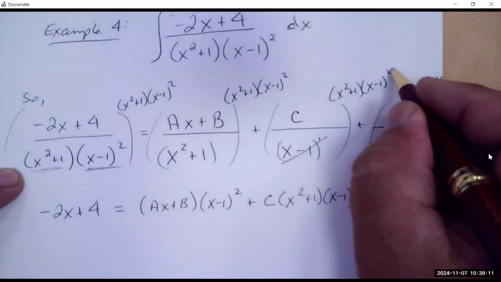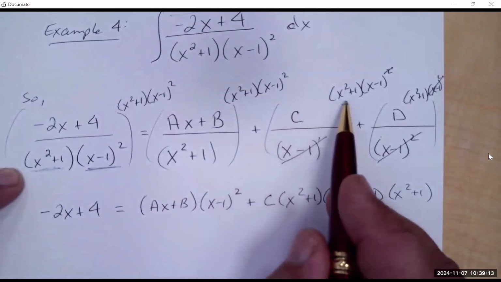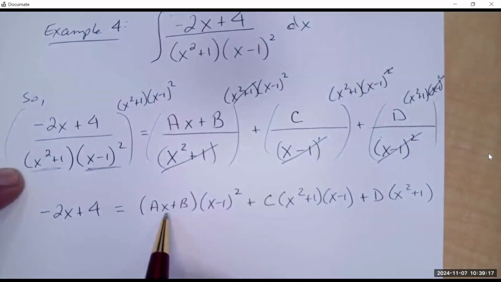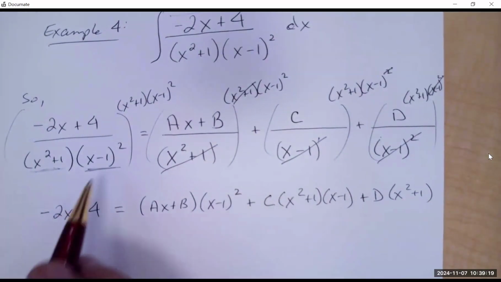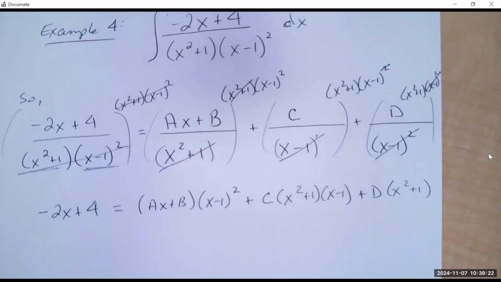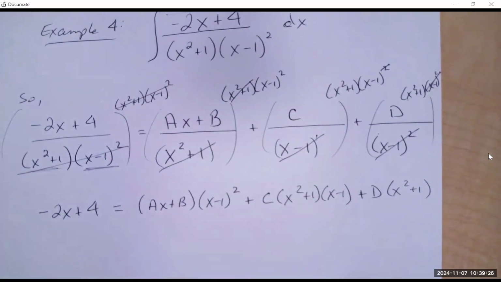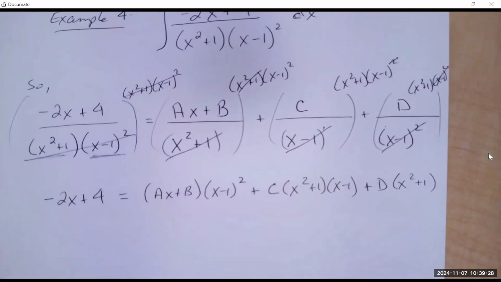One of the x minus 1s cancels, which is c times that times that. The x squared plus 1 cancels, which is ax plus b times that, and these all cancel. If you don't see it algebraically, then put it in there and cancel things out.